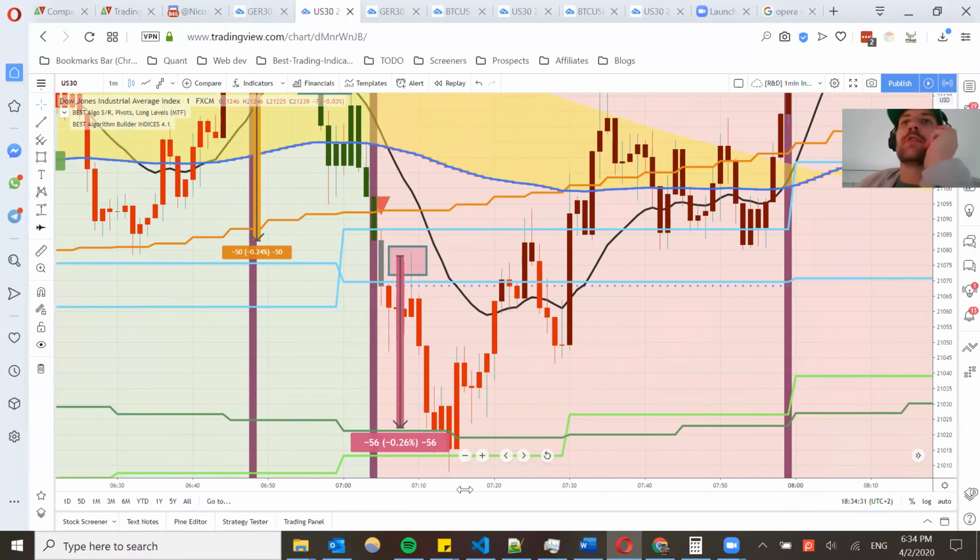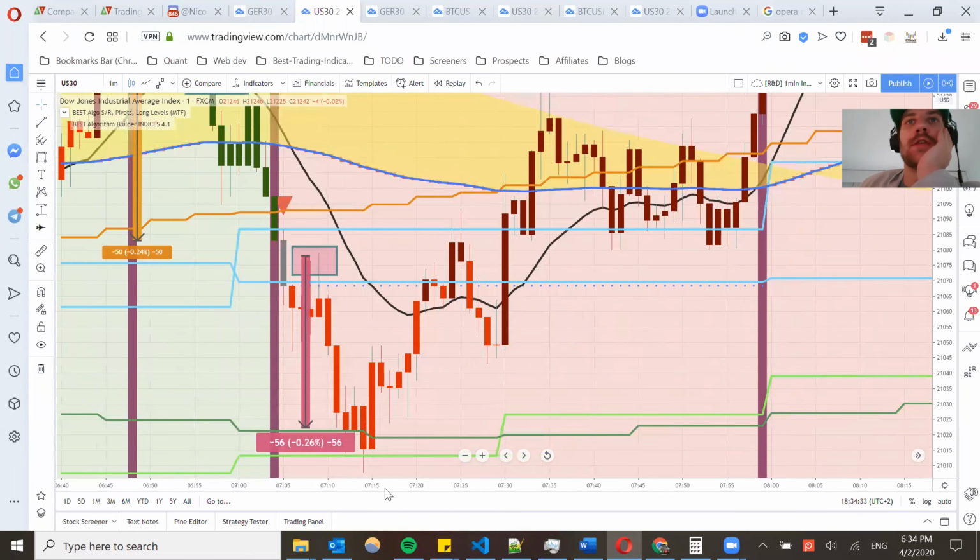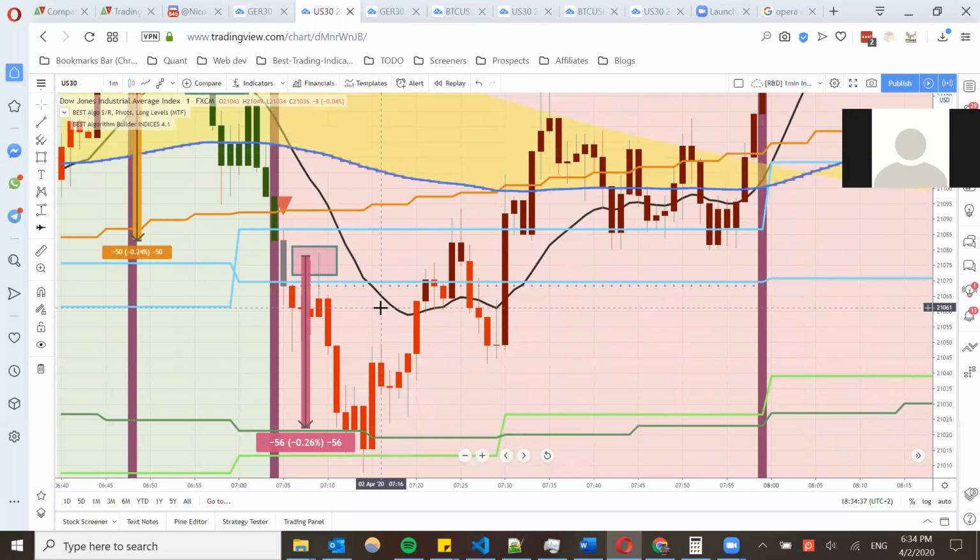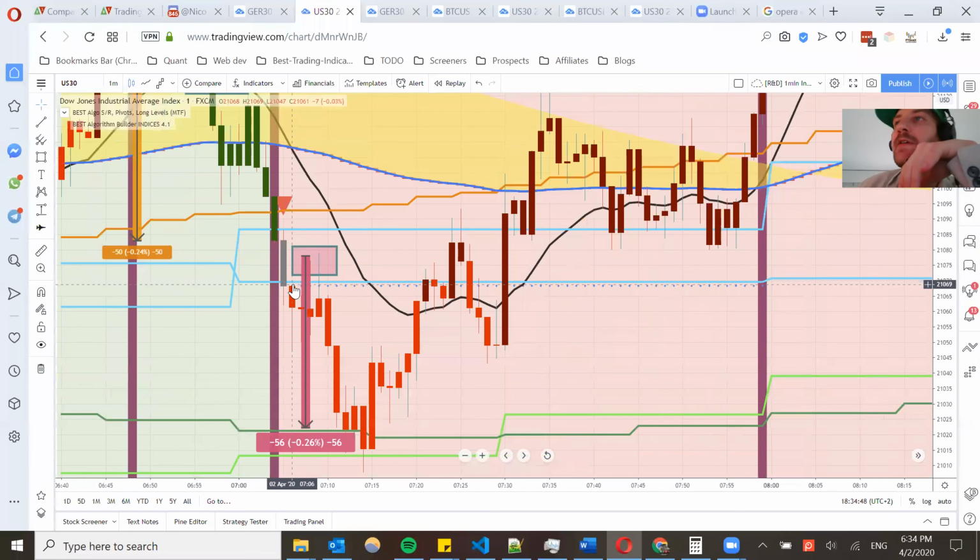So, question for Riku. For me, there is a support, so I'm waiting for a pullback. Yes, right on it. I mean, it's not right on it, it's 1 pip below, but yes.